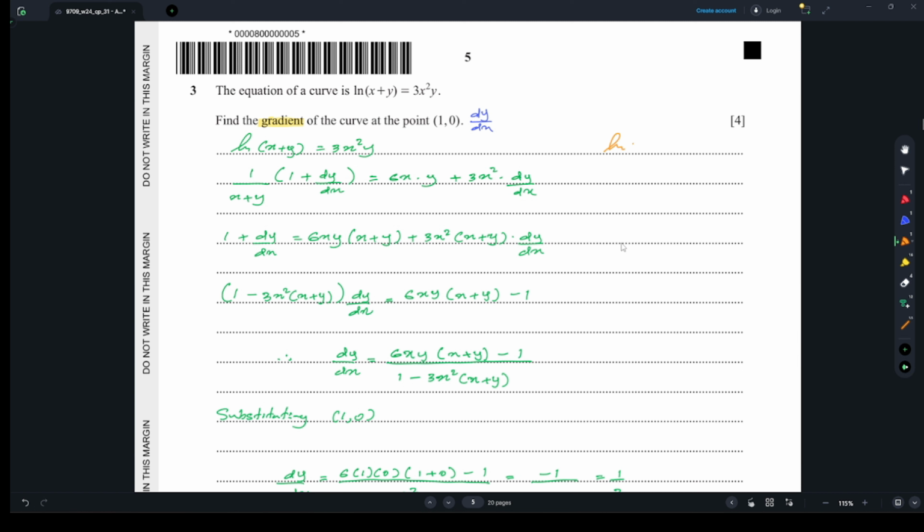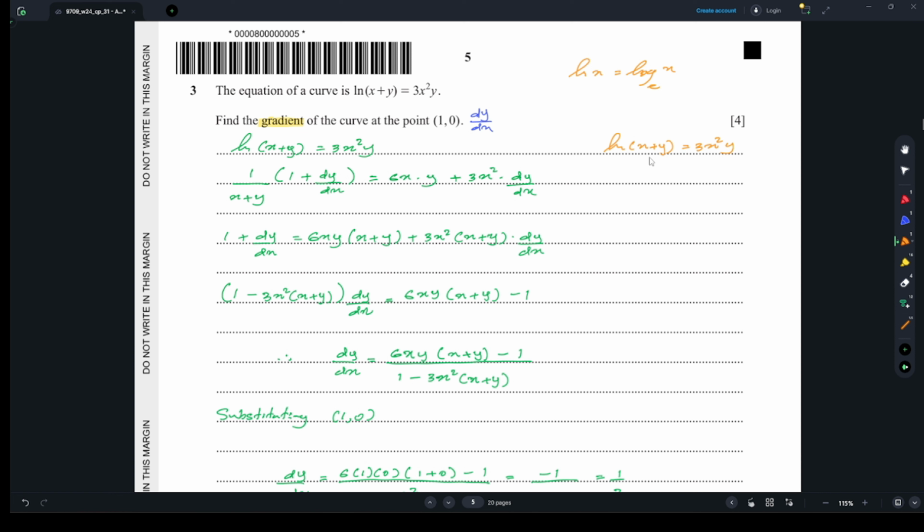We have ln(x + y) = 3x²y, and then you can remove the ln. How can you do that? ln means log base e.